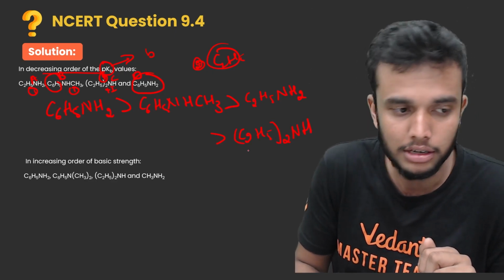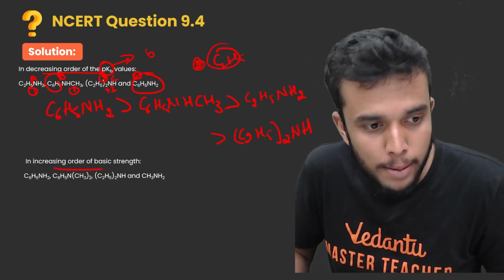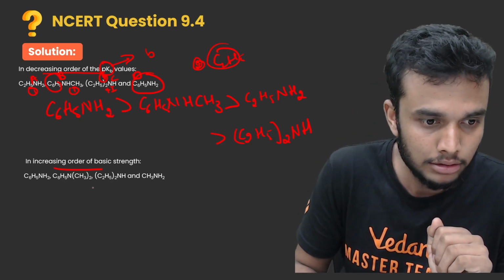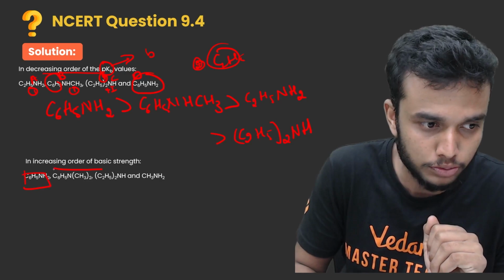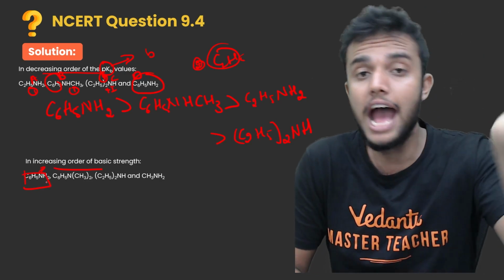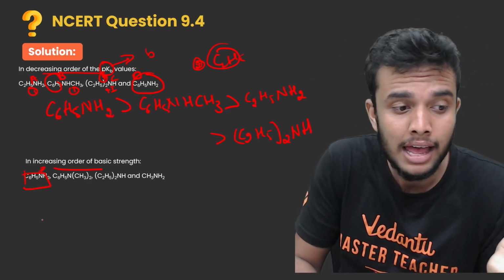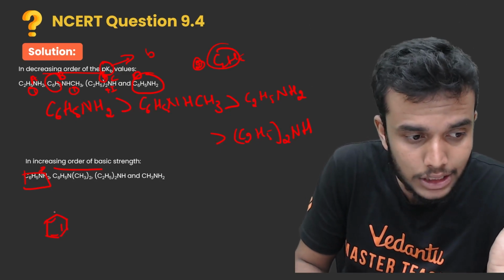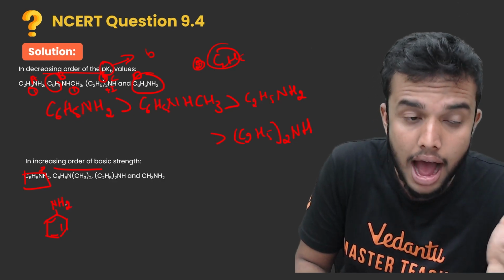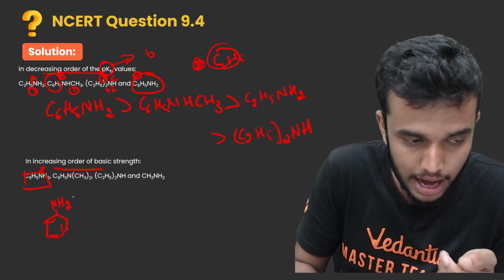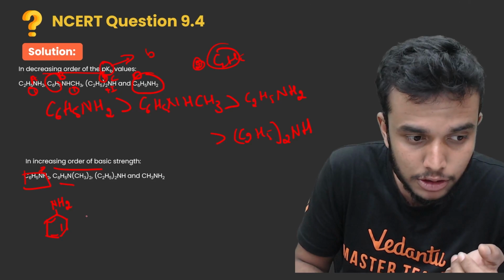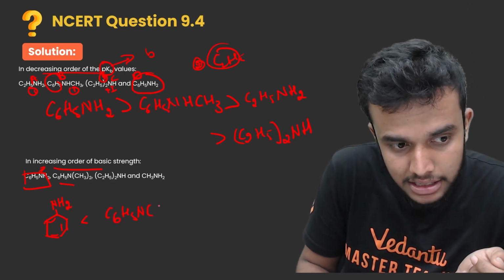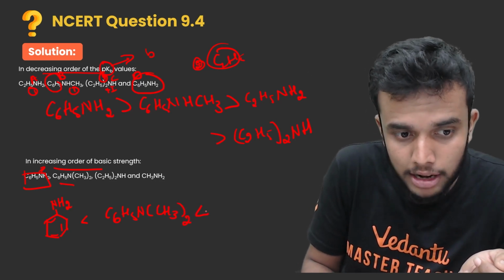Understood? Let's work the second one: in increasing order of their basic strength. Here C6H5NH2, aniline, has the lowest basic strength. Why? It contains a benzene ring, so it easily undergoes resonance. Next, the second one is C6H5NHCH3. Third is C6H5N(CH3)2.